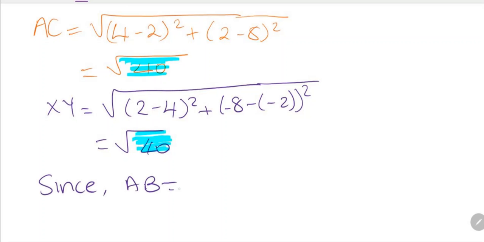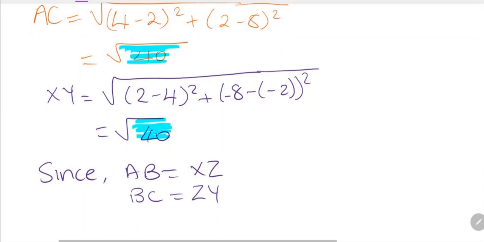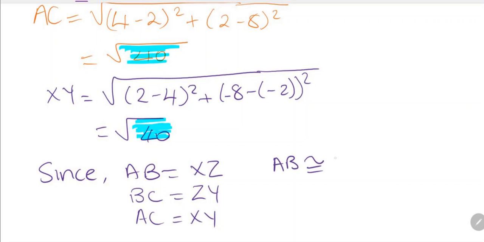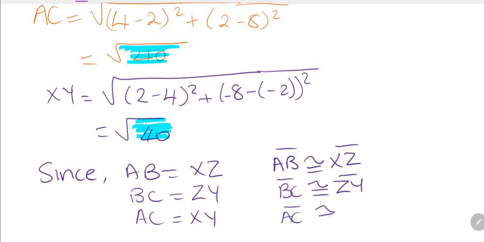So we can say since AB is equal to XZ, BC is equal to ZY, and AC is equal to XY, the line AB is congruent to XZ, the line BC is congruent to ZY, and AC is congruent to XY.